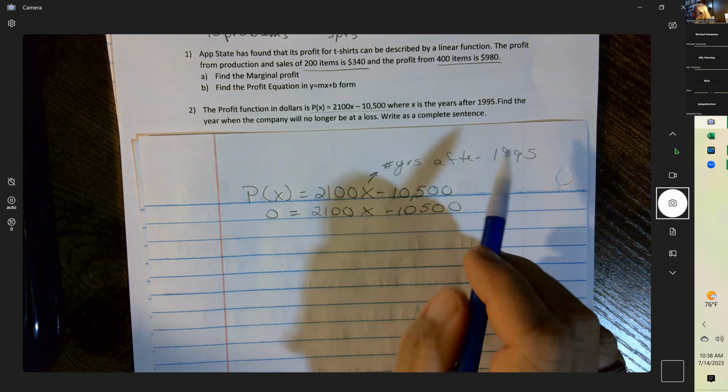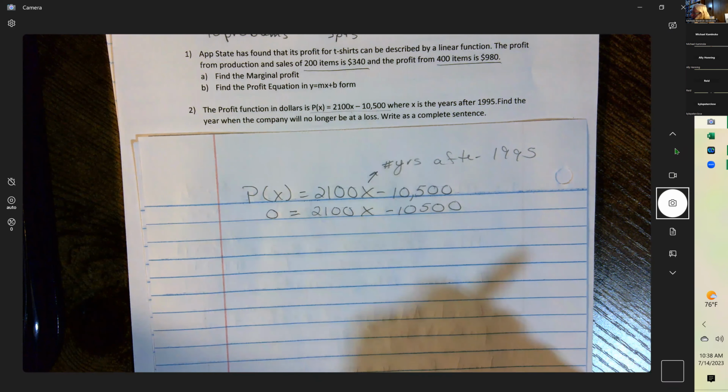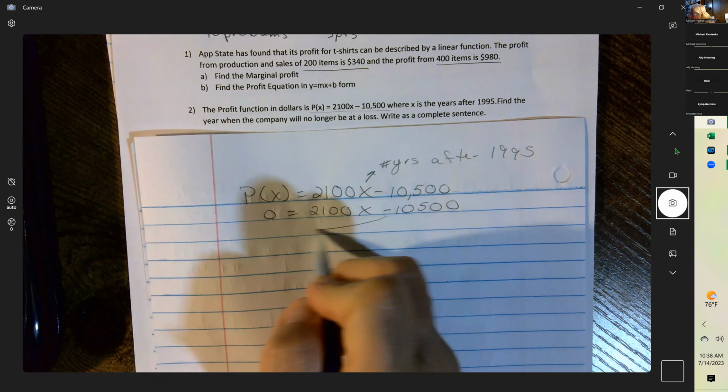And we're looking for the year when the company's no longer at a loss. So first thing we need to do is find X. Add this to the other side.